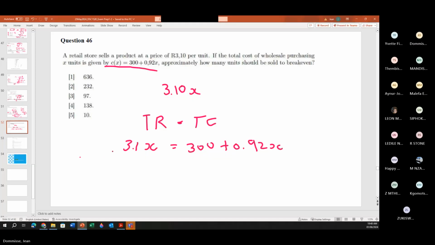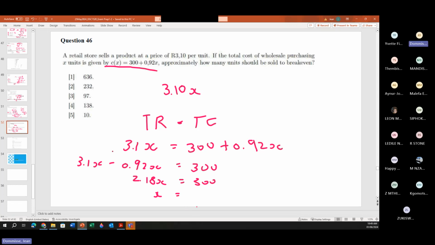So 3.1x minus 0.92x will be equal to 300. So 3.1 minus 0.92, 2.18x is equal to 300. So x is equal to 300 divided by 2.18.